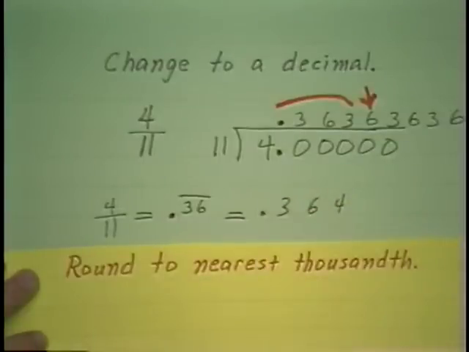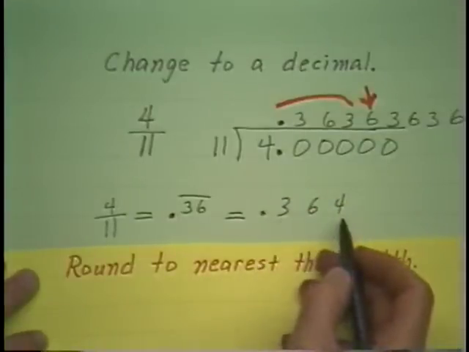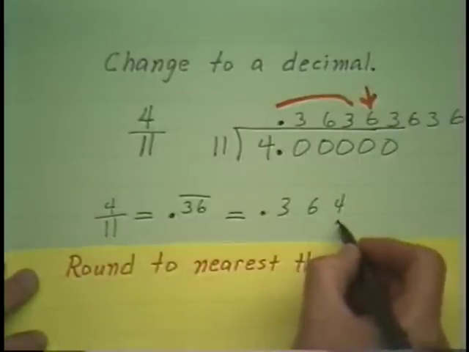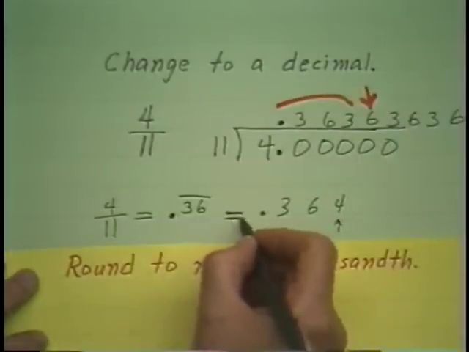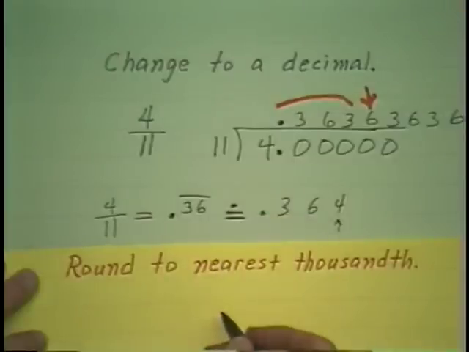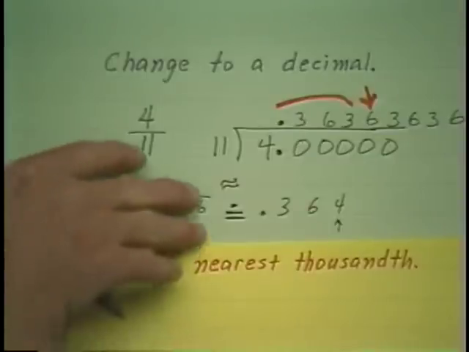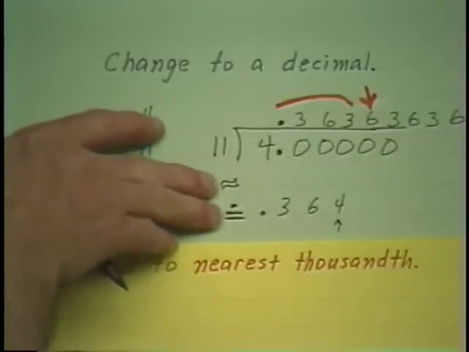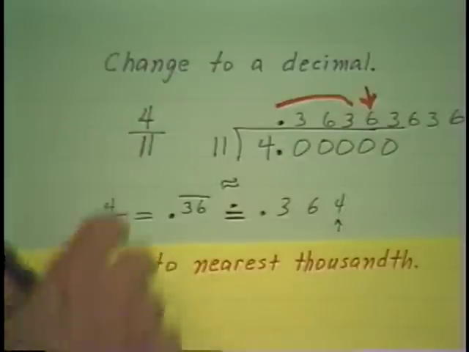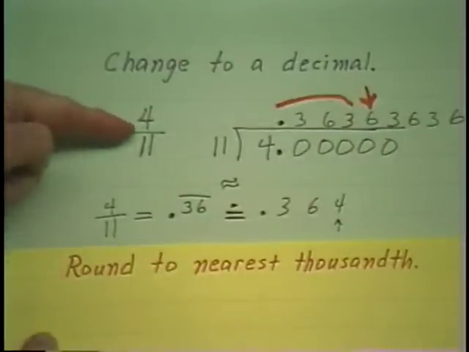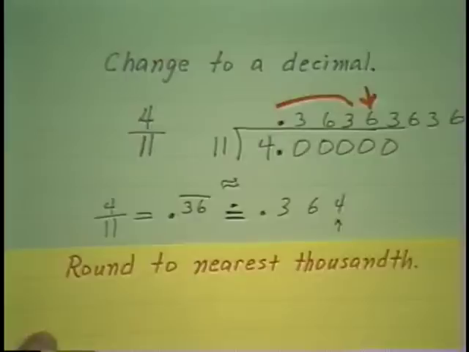And so here we have a rounded approximation of 4 11ths, accurate to the nearest thousandth. Some books will show that with a symbol like this. Others will use a symbol like that. Both of these are symbols which mean approximately equal to.